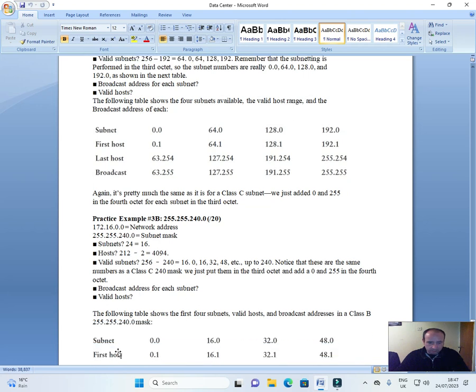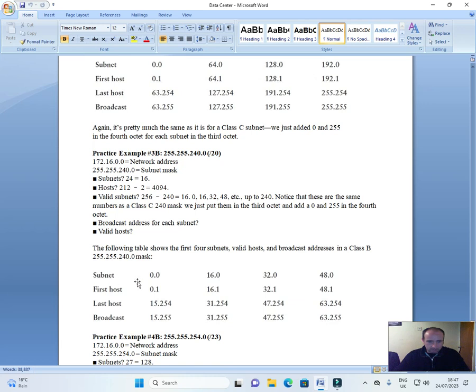Broadcast address for each. The following table shows the first four subnets, valid hosts and broadcast addresses in a Class B 255.255.240.0 mask. Subnets: 0.0, 16.0, 32.0, 48.0.